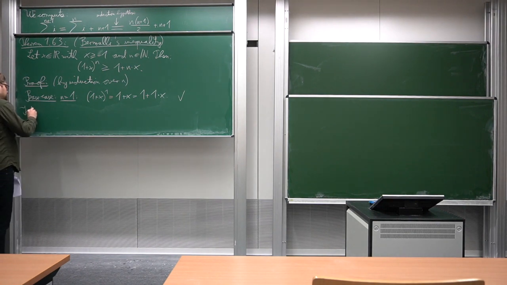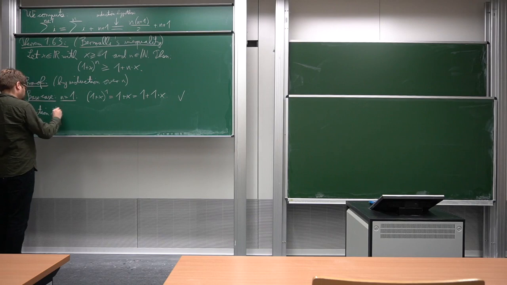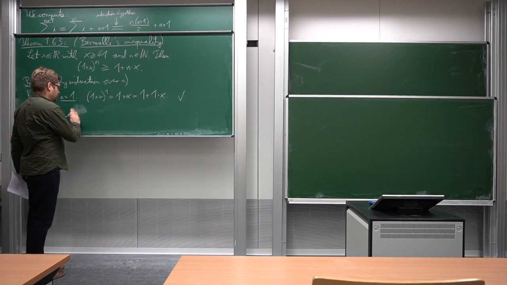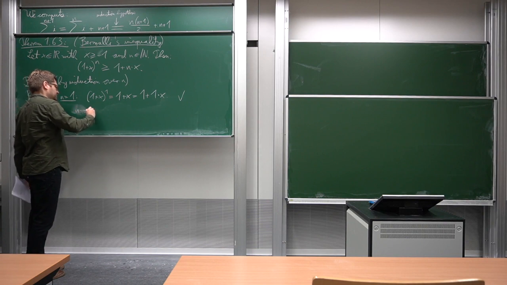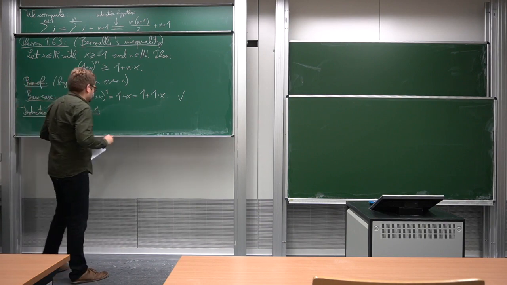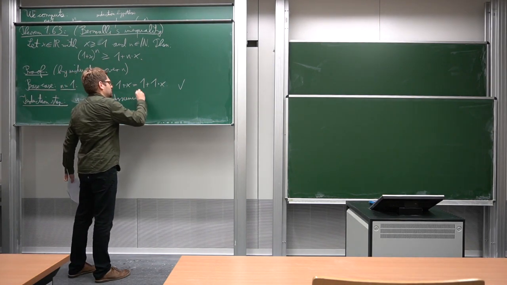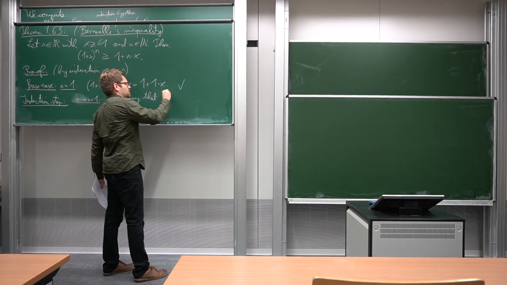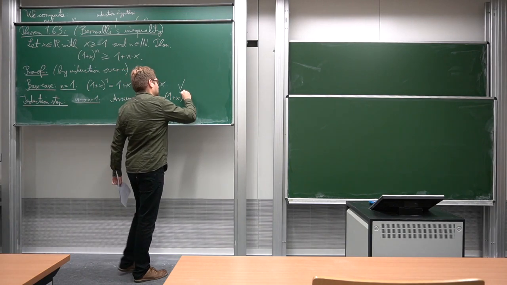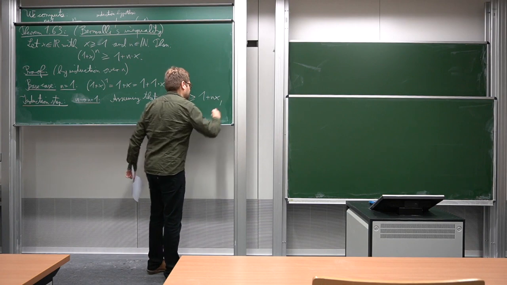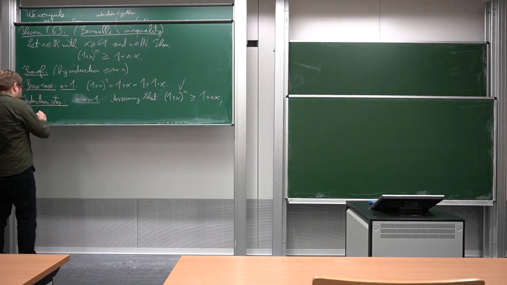The induction step. So this again, we go from n to n plus 1, just as a reminder. So assuming that 1 plus x to the power of n is bigger than or equal to 1 plus nx, we want to show the claim for n plus 1.